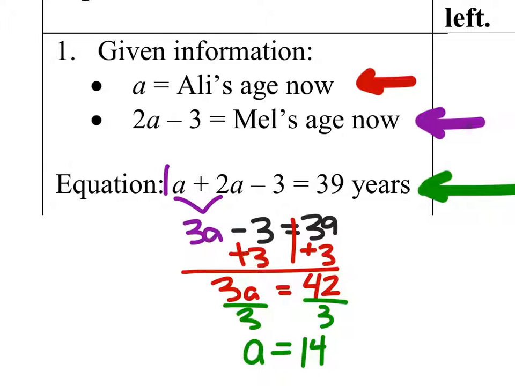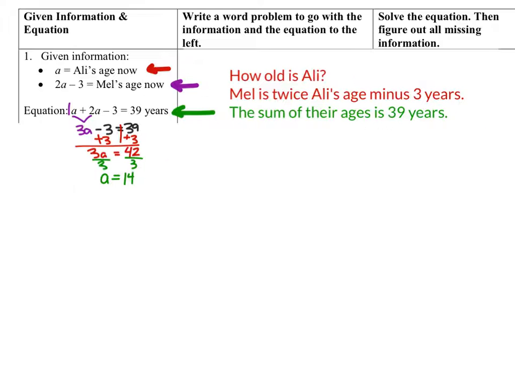Now again, we can't leave it like this because this is a word problem. So we got to look at the wording on it, and let's give ourselves some more room just for the answer part. So right here, we see that Allie is 14 years old. And Mel is twice Allie's age.